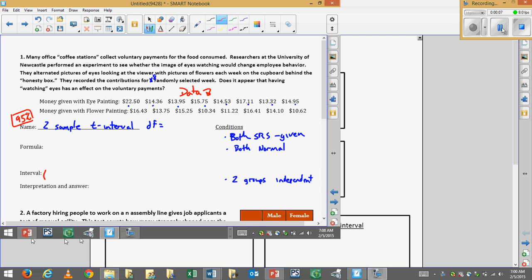So I've already got my interval. It's going to pop up for me from negative 0.64 up to 5.23.